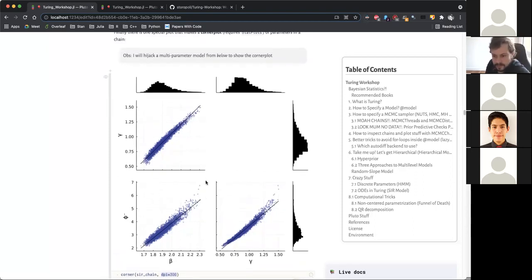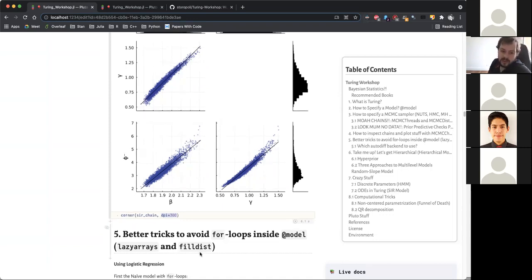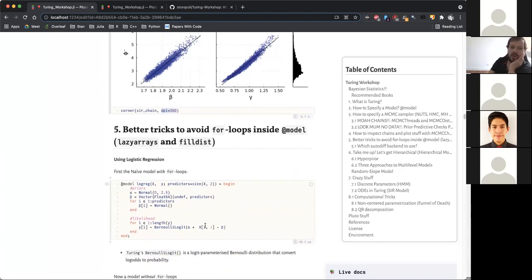So now let's go to one thing that was already asked earlier. How do we avoid for loops inside the model macro? We have two things. We have lazy arrays and filldist. So for example, let's take a logistic regression model. How would you code this model using a naive approach?